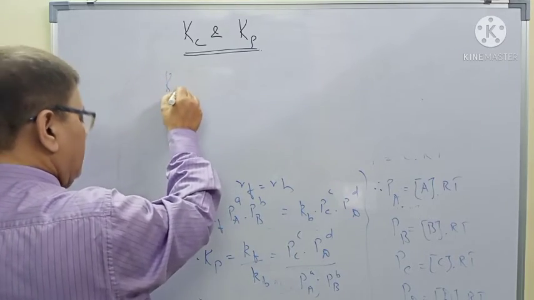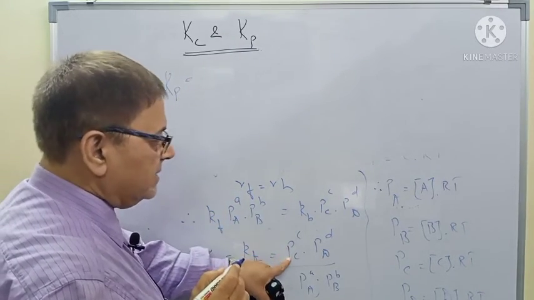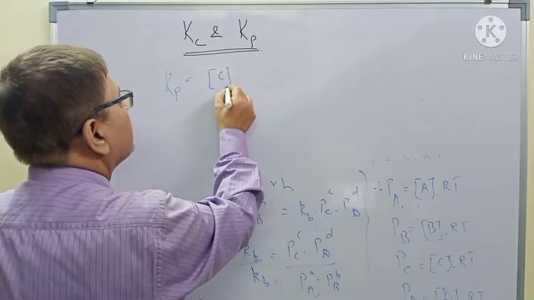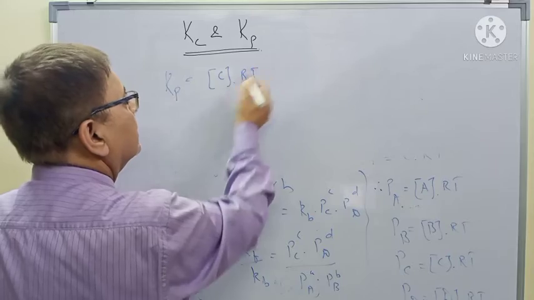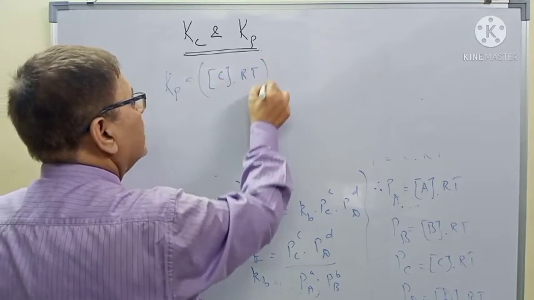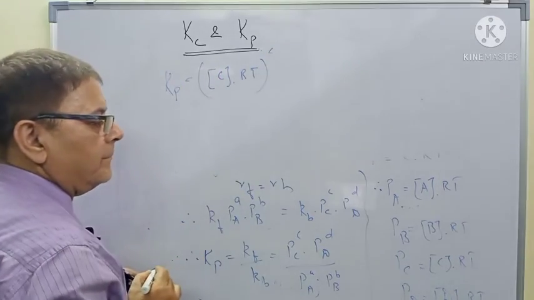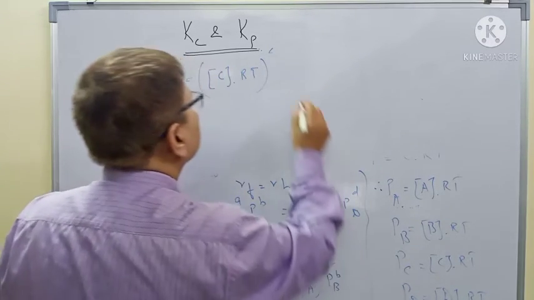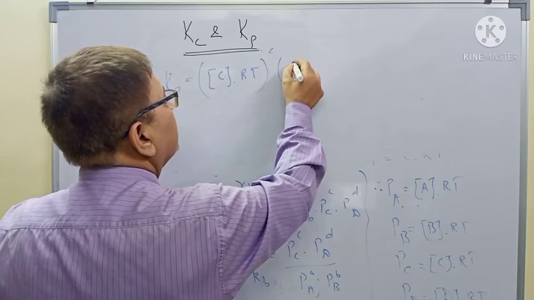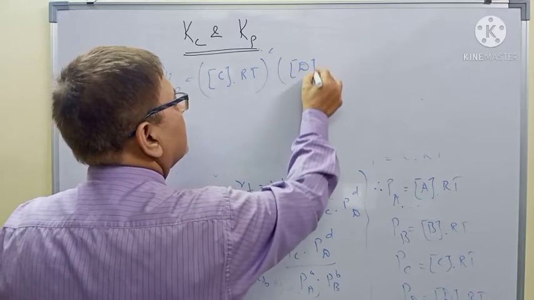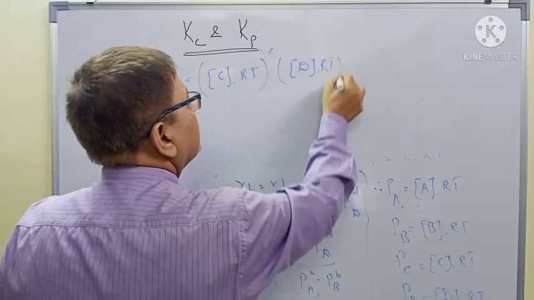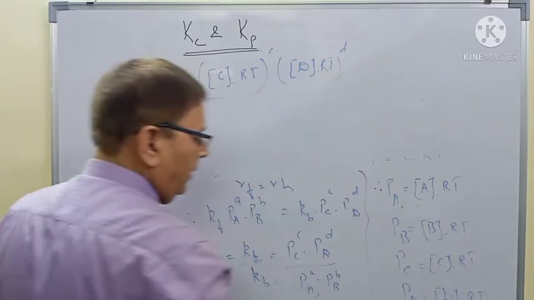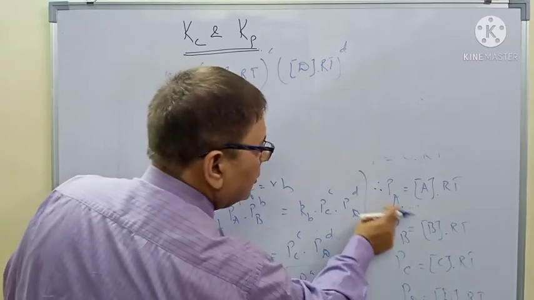So, on substitution we get Kp is equal to Pc. What is Pc? Concentration of C into RT, whole raised to small c. Then, what is partial pressure of D? Concentration of D into RT raised to small d, divided by partial pressure of A. What is that?